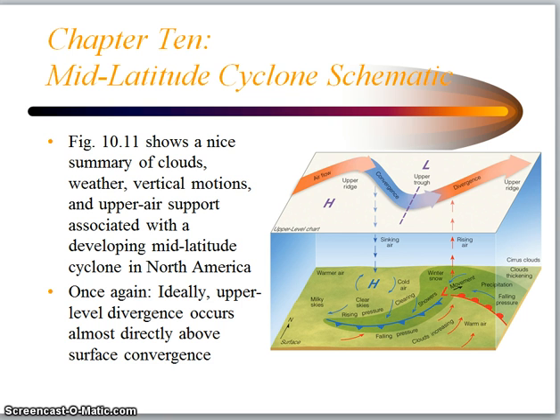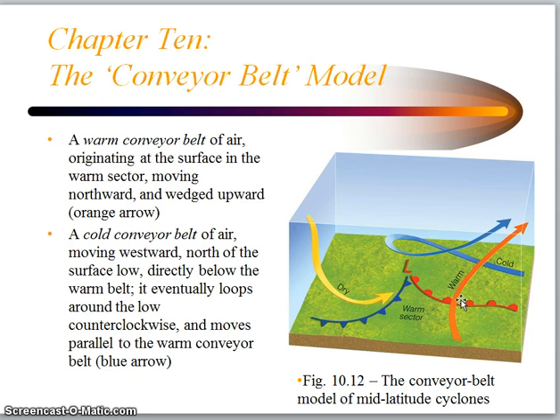Once again, the bottom line is that ideally the upper level divergence, or this area up here on the right-hand side of your screen, will occur right over where the surface convergence is going on. And those are the ideal conditions for a good, strong mid-latitude cyclone to develop.